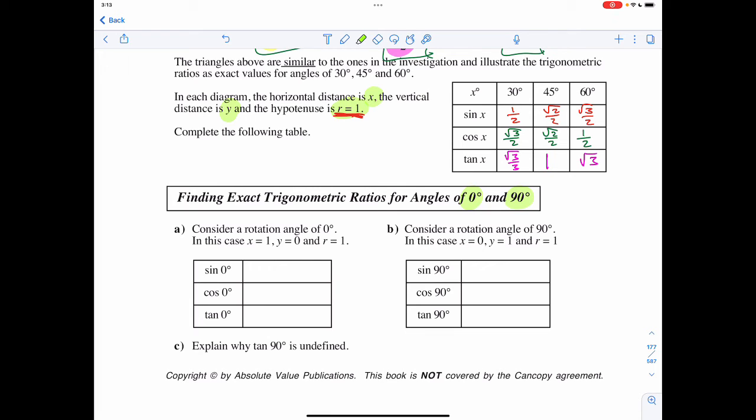Now what happens with these cases? Well, consider a rotational angle of 0 degrees, where my x is 1, my y is 0, and my r is 1.